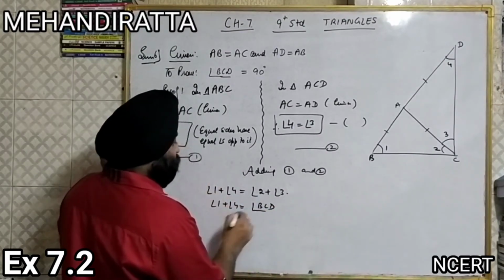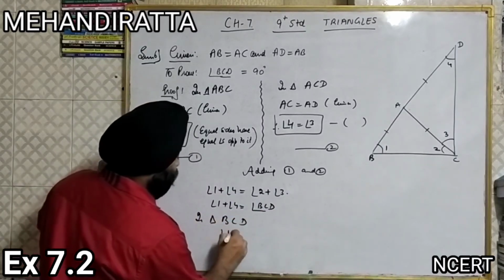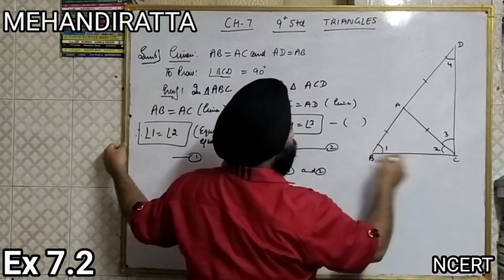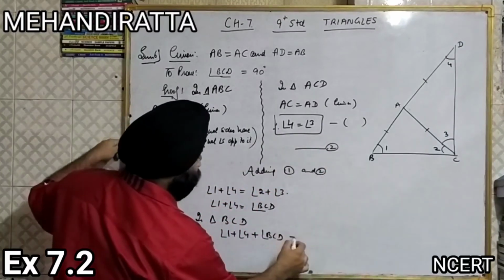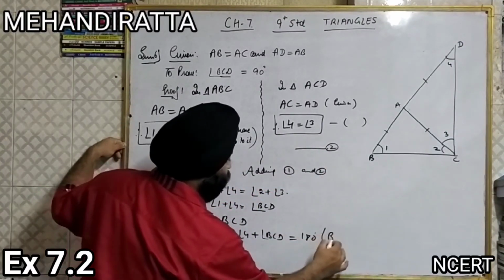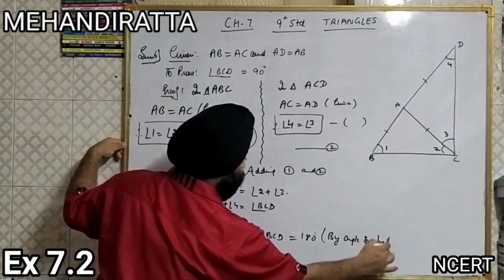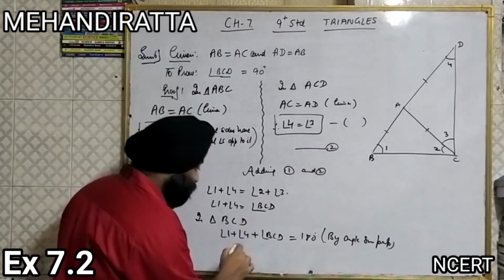Now BCD is 1 plus 4. In triangle BCD, angle 1 plus angle 4 plus angle BCD is equal to 180 degrees by the angle sum property. But 1 plus 4 is equal to BCD.